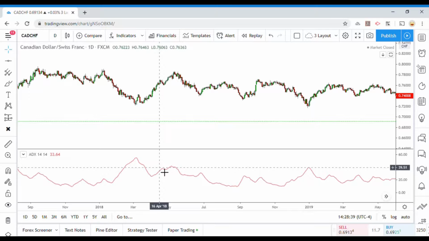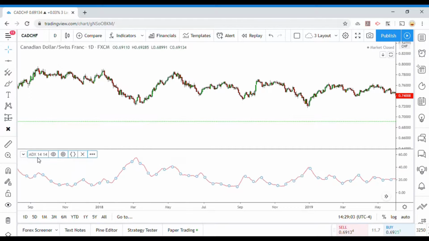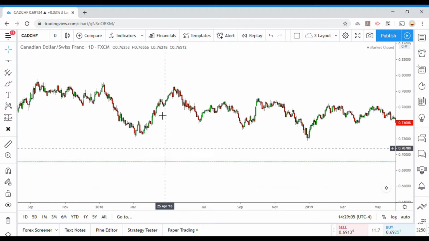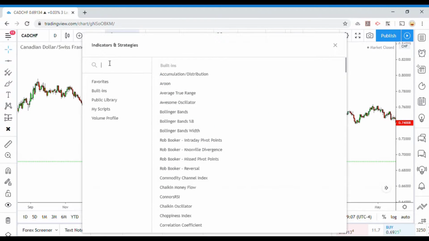This is not the traditional ADX that was developed by Wilder. Wilder is the creator of the ADX, and so if you want more information on the ADX itself and the mathematical formulas behind it and why it was developed, just Google search it and you will find tons and tons of information on it.